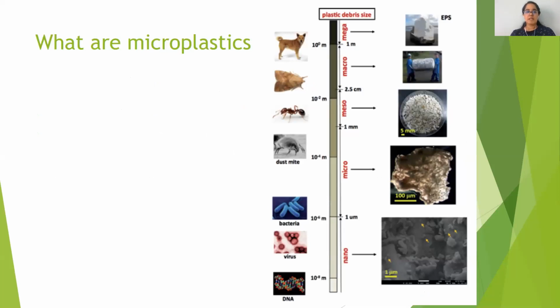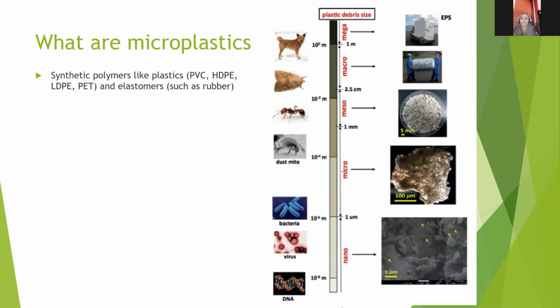So, what are microplastics? We know that microplastics are synthetic polymers like plastics or elastomers. Plastics, we're all familiar with them. So we've got HDPE, LDPE, polyethylene, PET. I'm not going to say these names because they're very tongue twisty. We've got PVC. As a hydrogeologist, we know PVC.